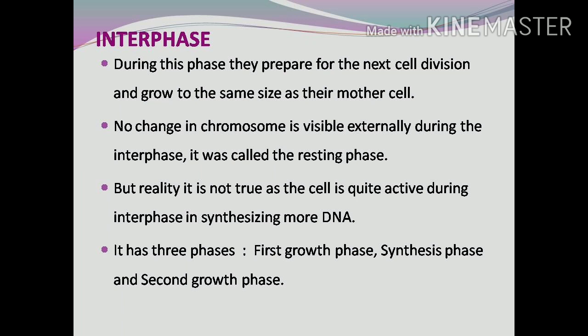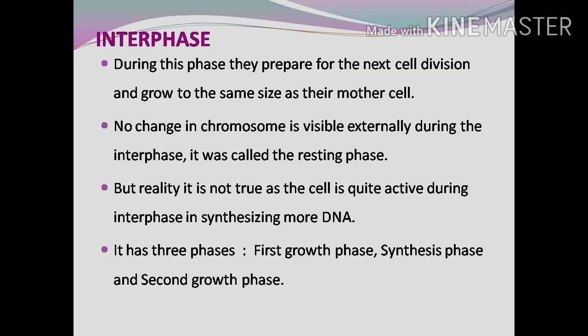The two daughter cells produced from a mother cell are relatively small, with a full-sized nucleus but relatively little cytoplasm. These cells are said to be in interphase. During this phase, they prepare for the next cell division and grow to the same size as their mother cell.